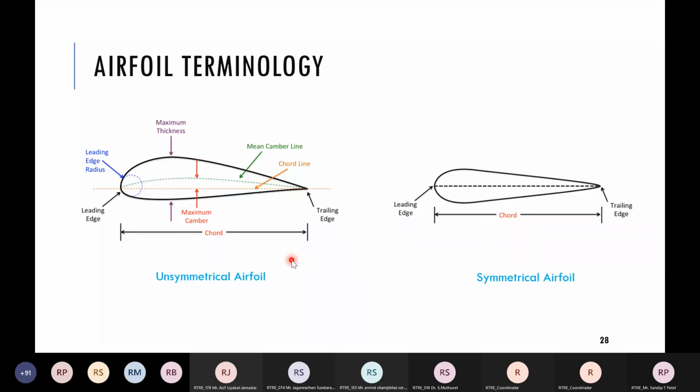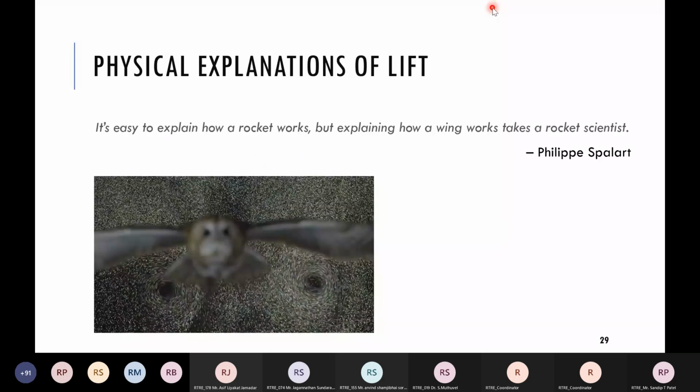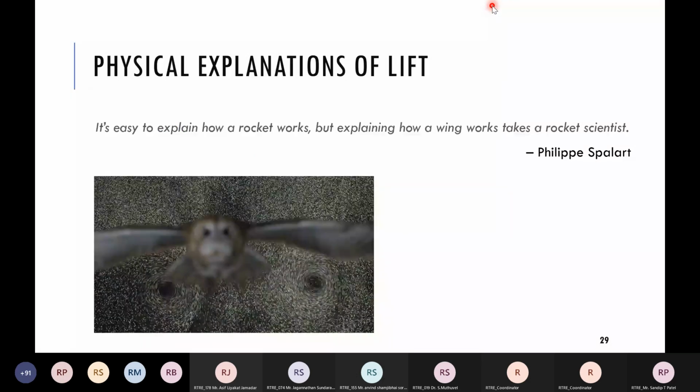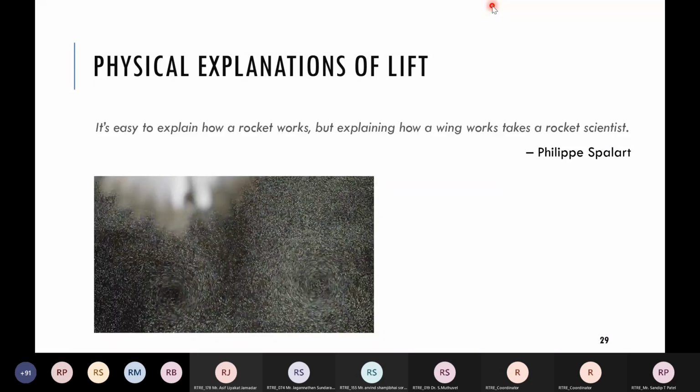Now, how does the lift happen? There is one great saying by Philippe Spalart. Who is Philippe Spalart?